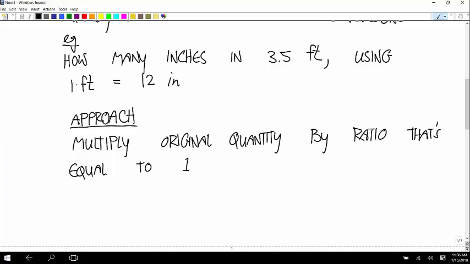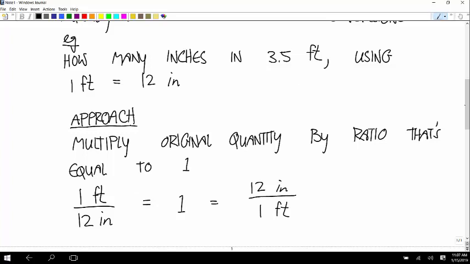Well, I just said that 1 foot is equal to 12 inches. So if you take the ratio of 1 foot over 12 inches, that has to be equal to 1 if you divide something by itself. And you can also take the reciprocal of that. That would be 12 inches over 1 foot. So our approach is we're going to multiply 3.5 feet by one of these two ratios.